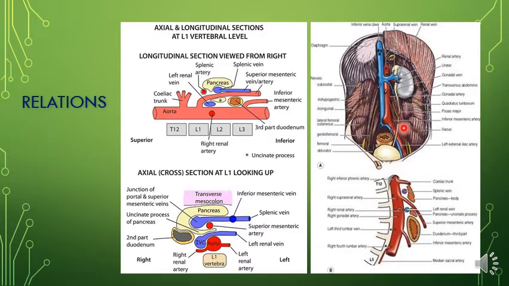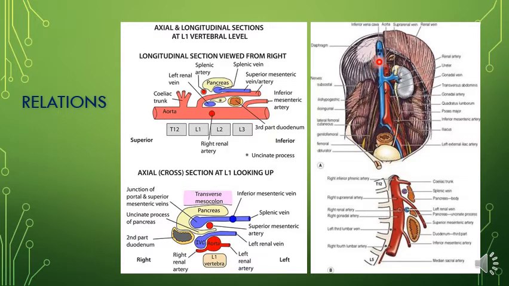Now coming to the relations on the right side, as you can see clearly, this is the inferior vena cava. In the upper part you will see the cisterna chyli and thoracic duct, azygous vein, right crus of the diaphragm, and right celiac ganglion.